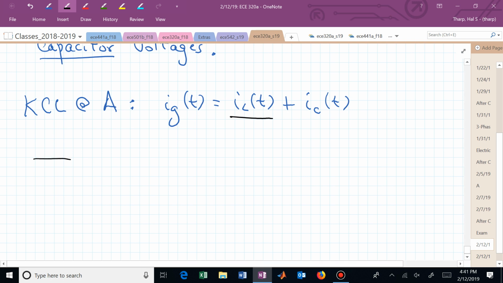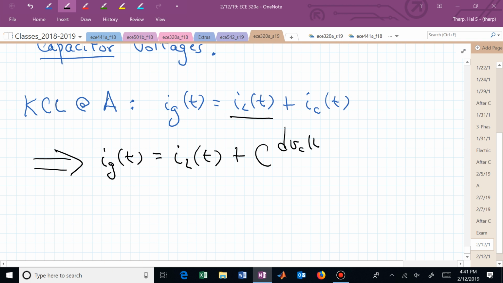But now we can say, oh, I can rewrite I sub C based on ICE. And that's plus C dV sub C of t dt. And now you can see the coupling that we have. We have the inductor current coupled to the capacitor voltage in this first order differential equation.